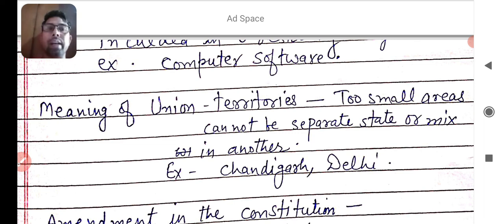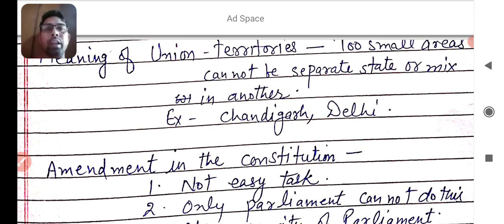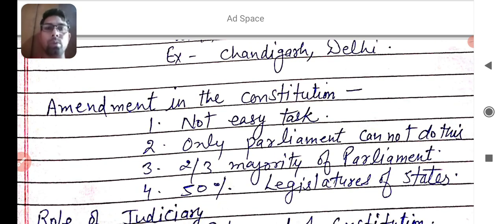Areas that are too small to be made a separate state, or that cannot be mixed into another state, and the central government is not able to do this. These types of areas are known as union territories. For example, Chandigarh, Delhi. I think you got the point now, and you learned it in the previous class also.